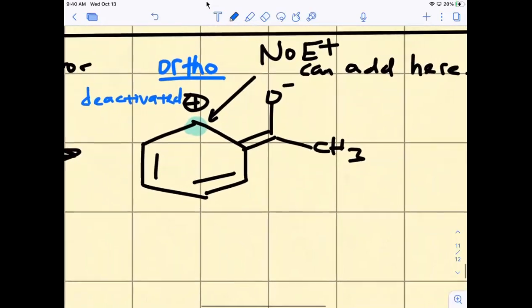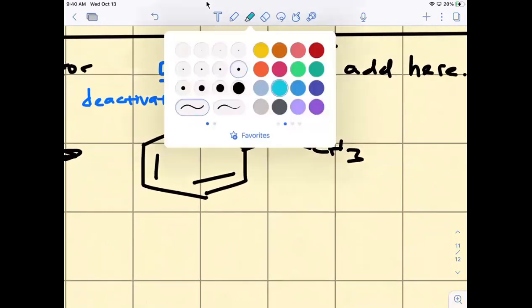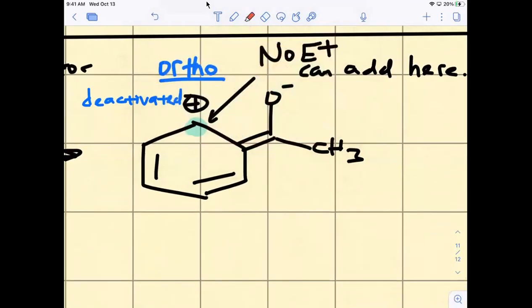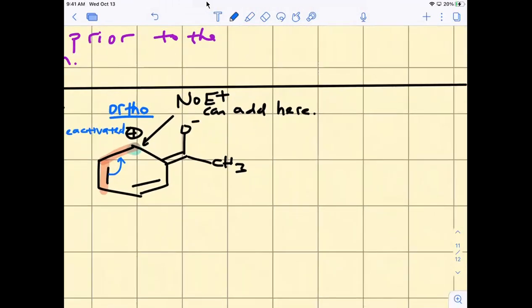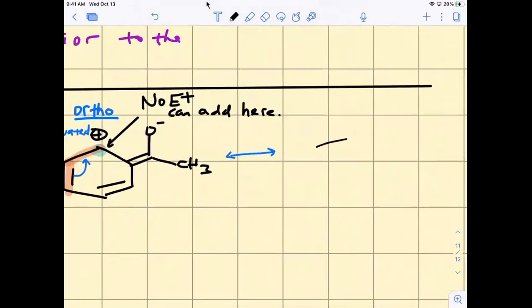All right. I can do another resonance form too. I can do this one because I got the same allylic pattern. It's just an allylic cation now. So I can do this. I got a plus charge down here.